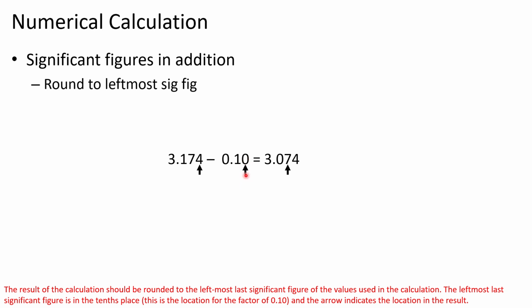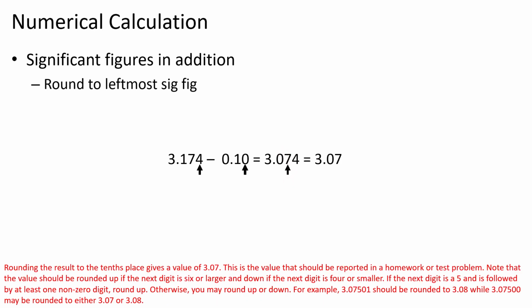This is the location for the factor of 0.10. And the arrow indicates the location in the result. Rounding the result to the tens place gives a value of 3.07. This is the value that should be reported in a homework or test problem.